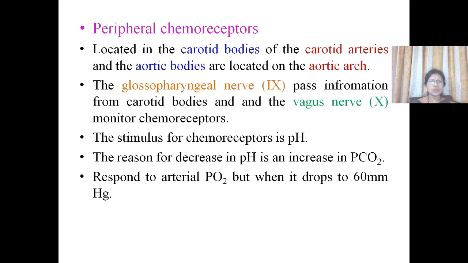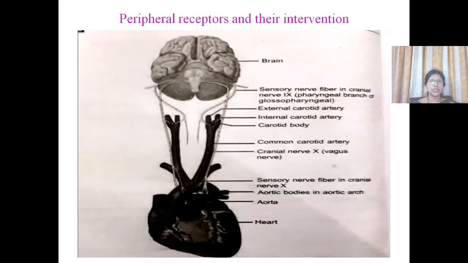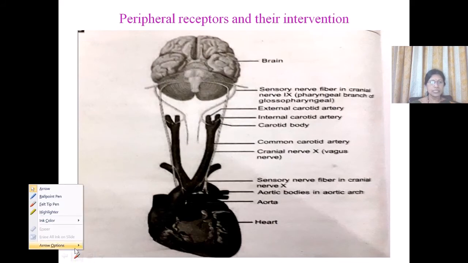It also responds to partial pressure of oxygen, but only when it drops to 60 mm of Hg. So this image shows the peripheral receptors present in various regions.